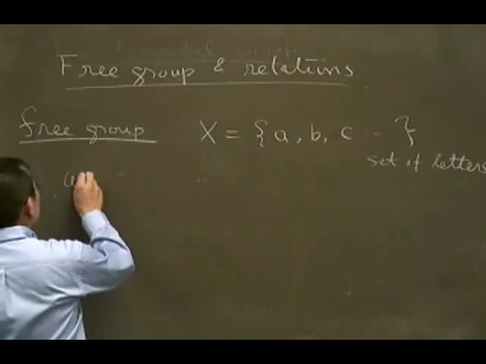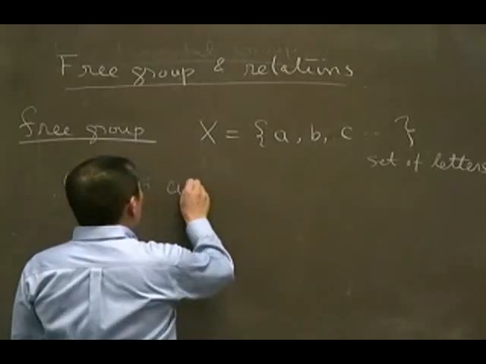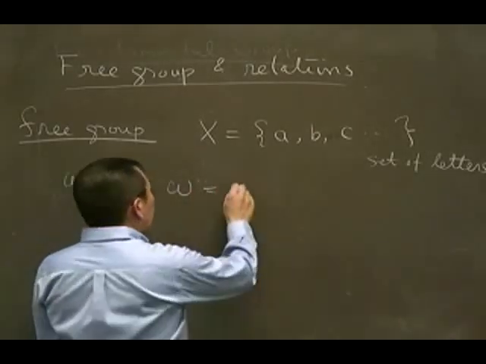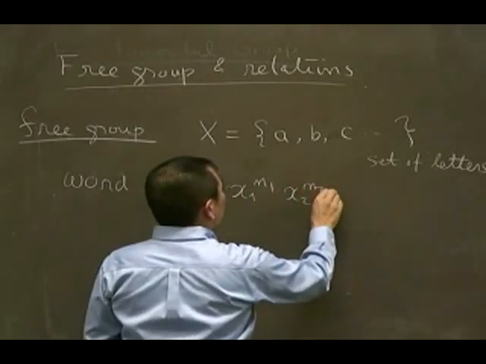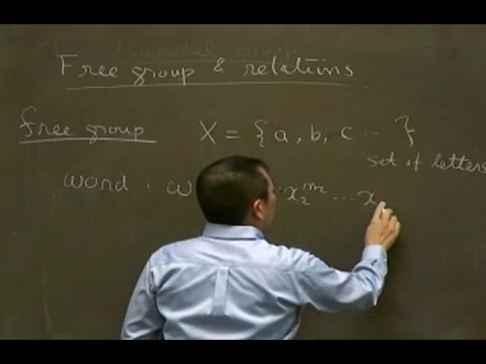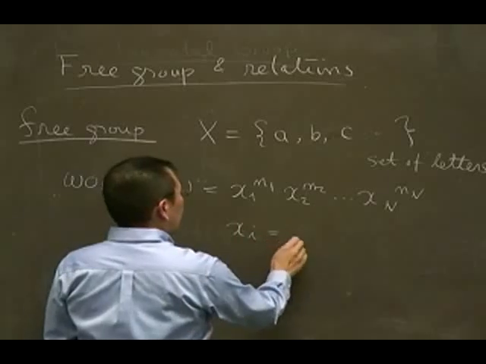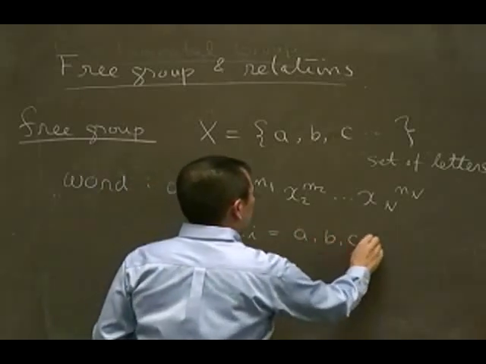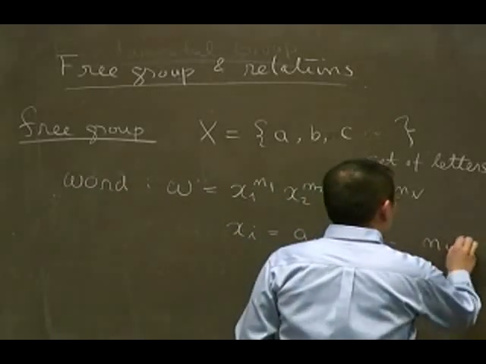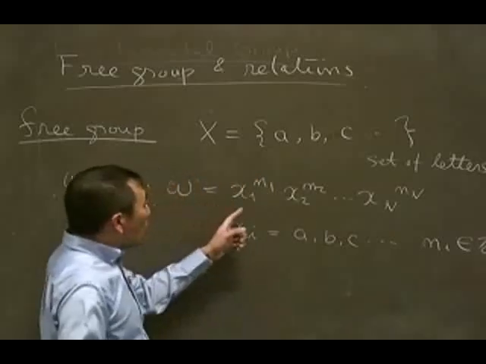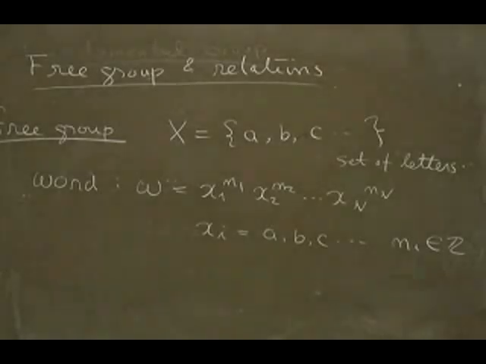So we introduce what's called a word. Each word, which I call omega, is an ordered set of letters. So it's x1 to the n1, x2 to the n2, etc., xk to the nk, where each of the xi is either a, b, c, etc., and these n's are integers. So it's an ordered product of these letters. Okay?